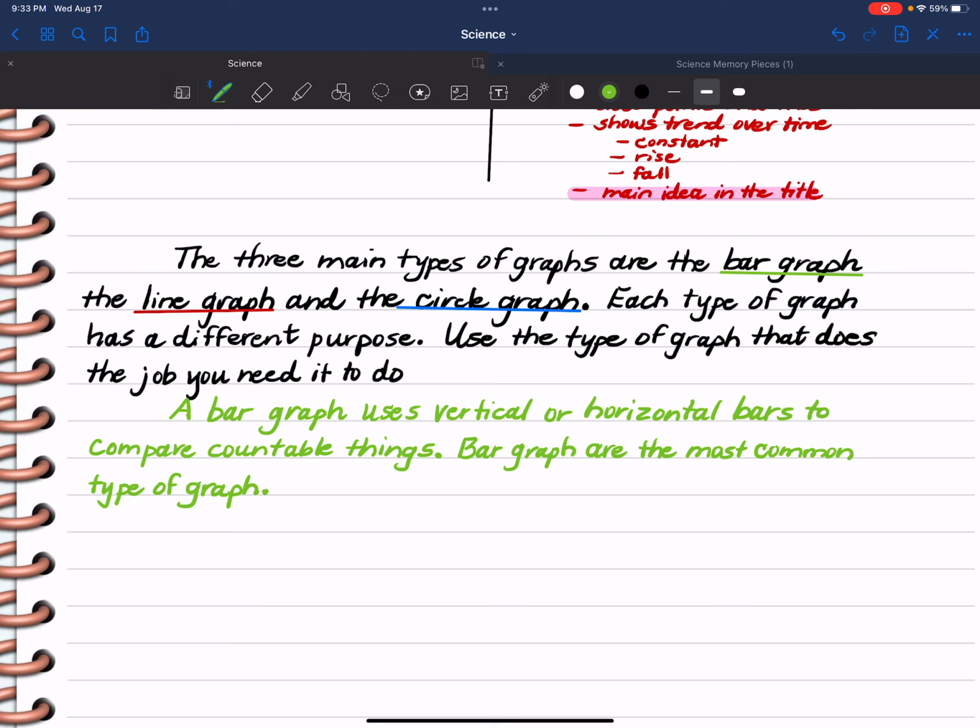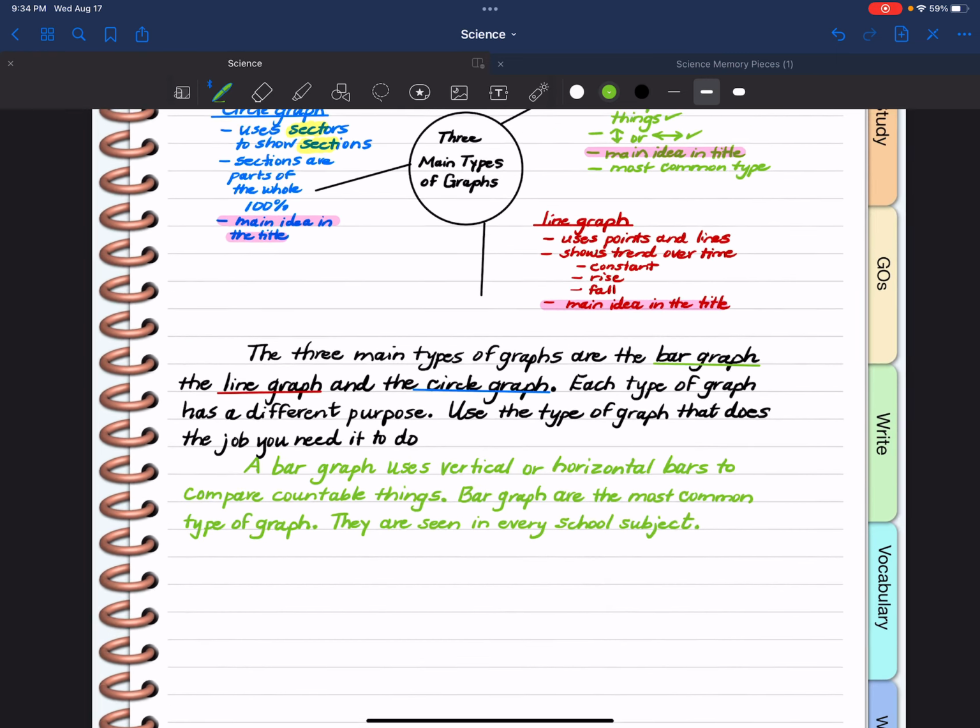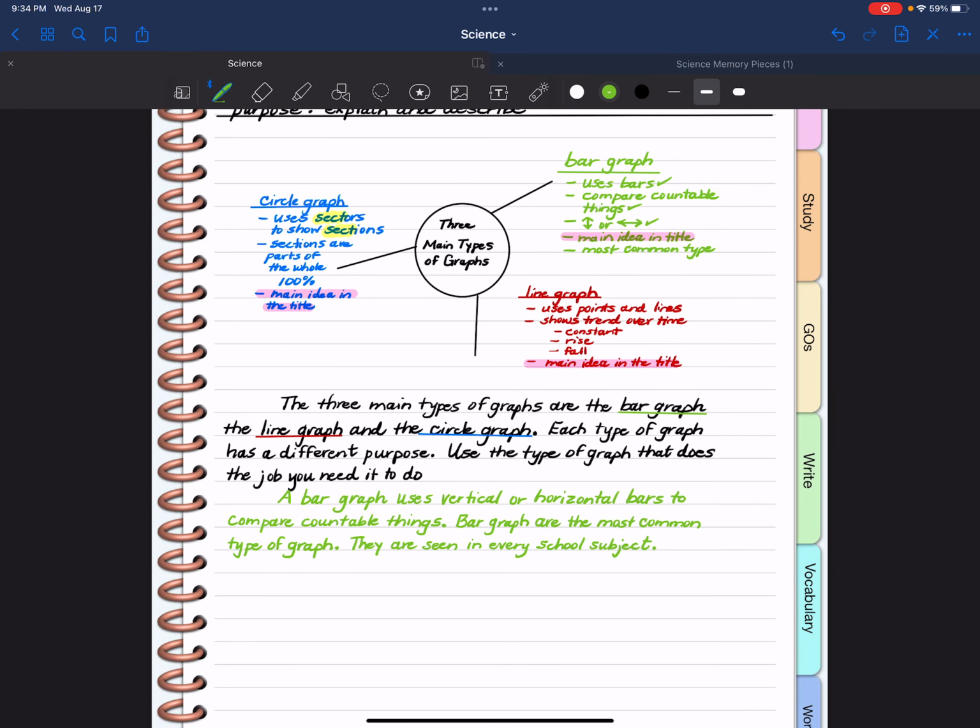Bar graphs are the most common type of graph. They are seen in every school subject. And I'm just going to leave it there. We have our 3 sentences. So that paragraph is done. We mentioned the most common type.